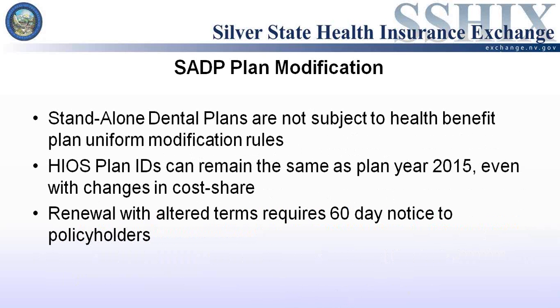Since there haven't been a lot of changes to rules around standalone dental plans, you're probably not going to make major changes. But if you want to change the cost share structure of any of your plans, you're free to come back with the same HIOS plan ID. If you do make changes, just keep in mind that the 60-day notice of renewal of all the terms requirement is applicable to dental as well. That's a Nevada-specific requirement.